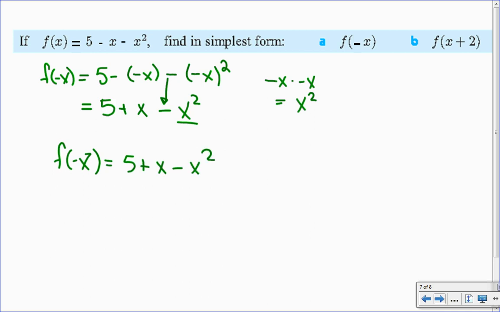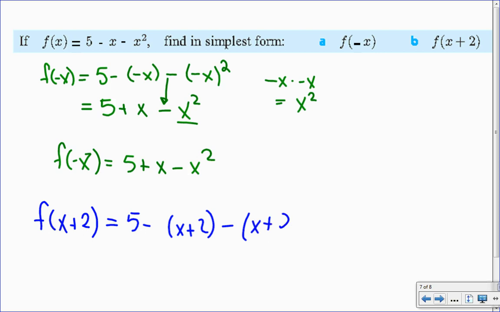Okay, and then we can also find f of x plus 2. And we're substituting x plus 2 in for each of our x's. So 5 minus x plus 2 minus the quantity x plus 2 squared. And it's important to simplify it too.